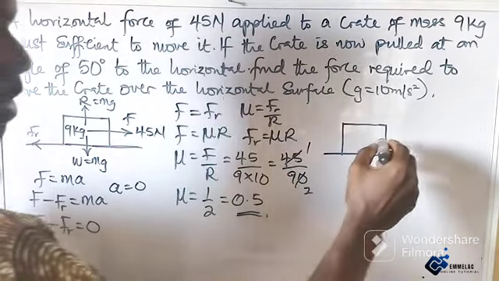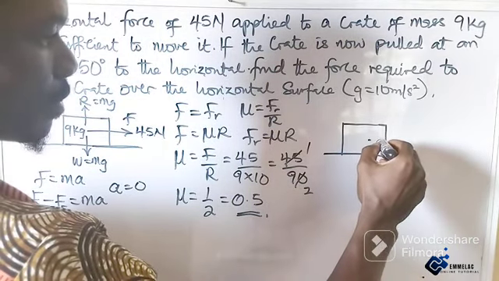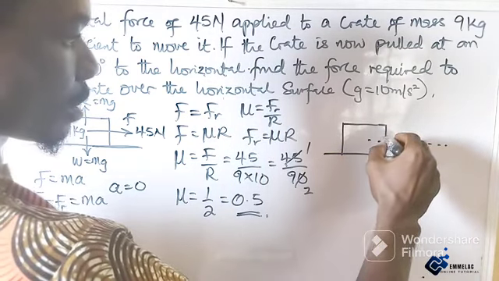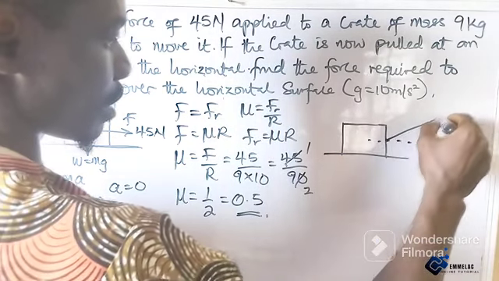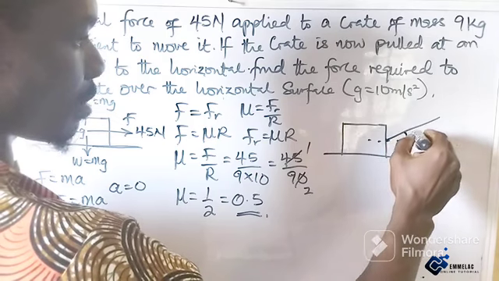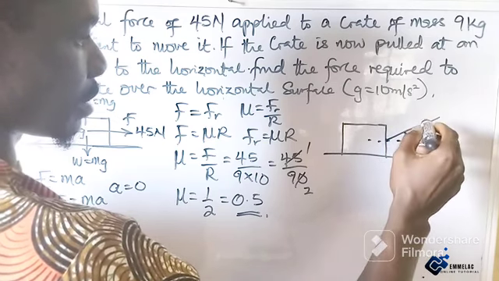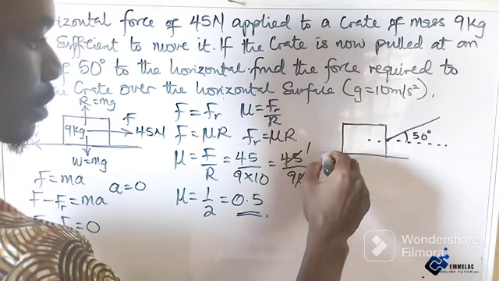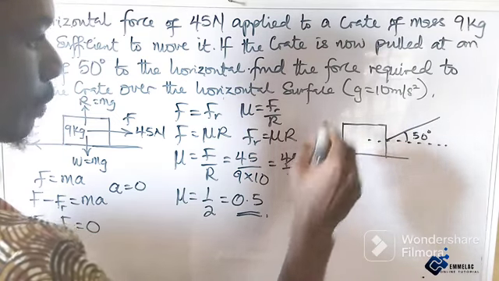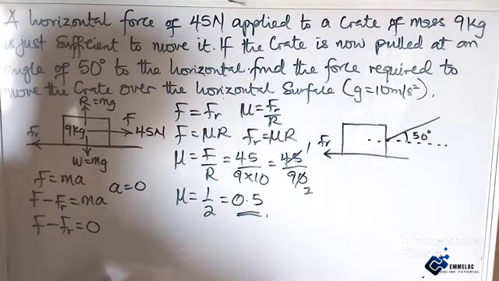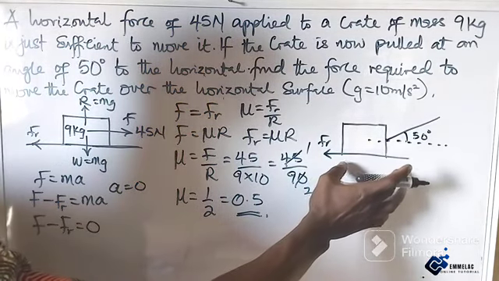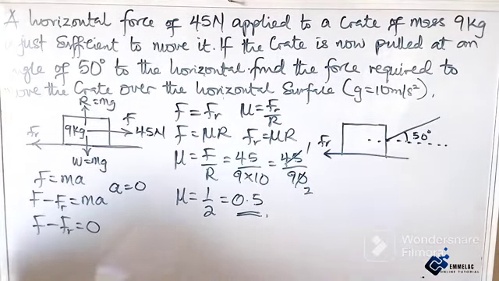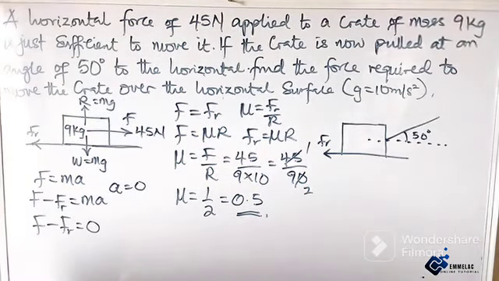In this case, this force that was previously here all of a sudden comes here, an inclined plane of 50 degree. So take note, the frictional force is also here. So with this now we will get to resolve another equation. So let's do that right away.